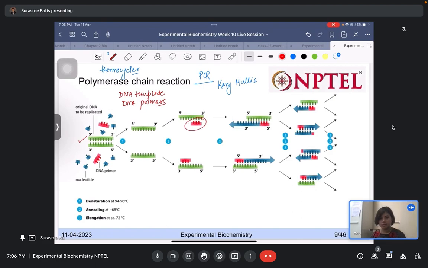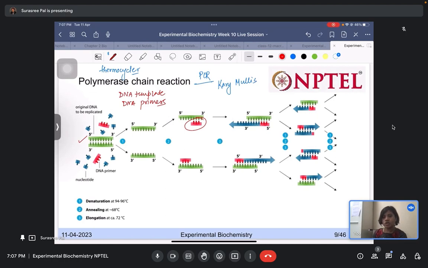These are the DNA primers. What is the function of these DNA primers? They are complementary to one part of the DNA template. They can sit on the DNA template because they are complementary, and then they provide a free 3' hydroxyl end from where the replication can be carried out.